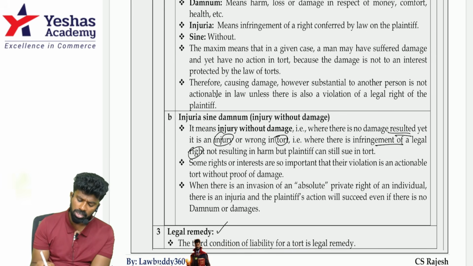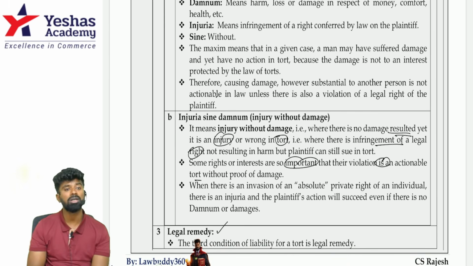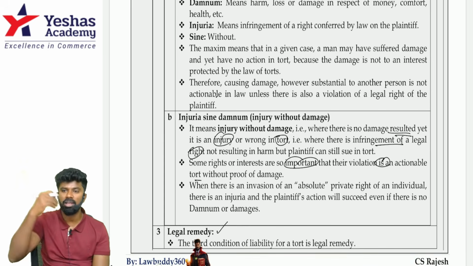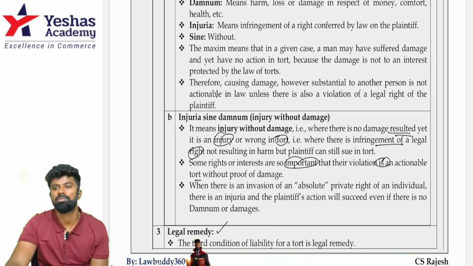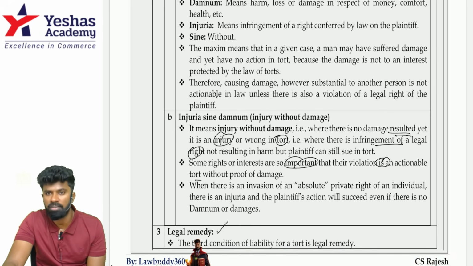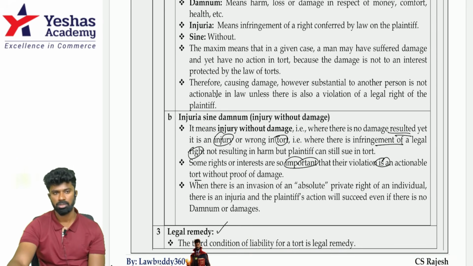Some rights or interests are so important that their violation is an actionable tort without proof of damage. That means the very act itself gives a cause of action for recovery of compensation. Clear with this? Even if there is no loss.